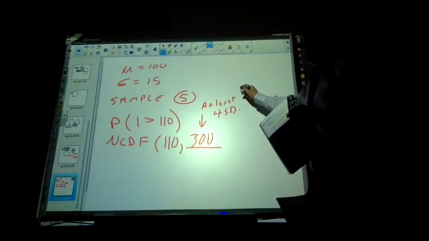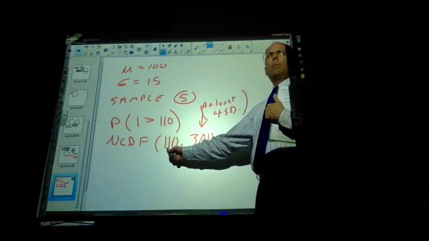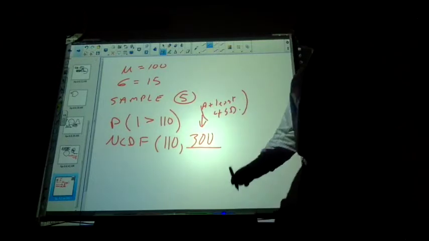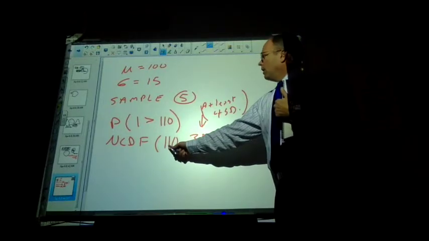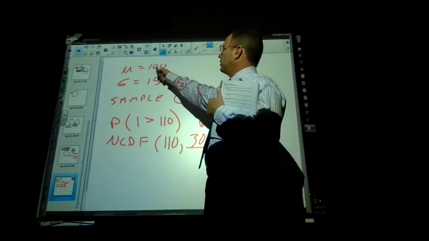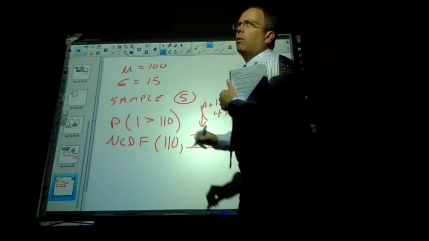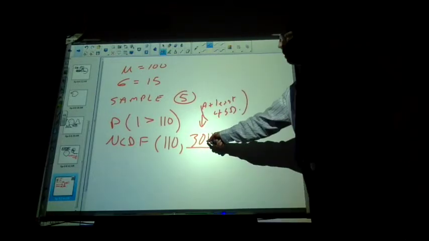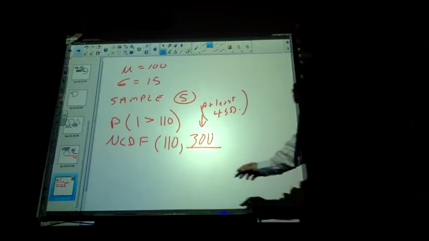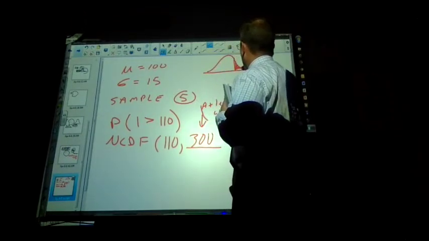I'm making that an arbitrary rule because a lot of teachers will say just make it 1,000. Well, don't make it 1,000 or 10,000 if this number's too big or the standard deviation's real big. So, one standard deviation above 110 is 125, then 140, then 155, then 170. We're definitely above that here. Okay? So, this is looking for what is this population here?